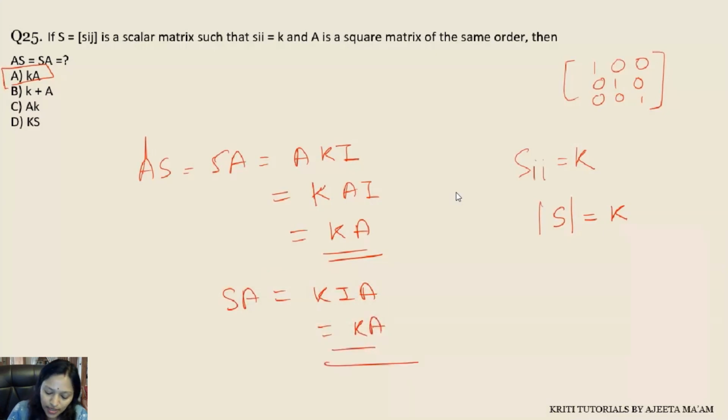So that's option A from both cases, AS and SA. What answer do we get from both? KA. So this is how we go for it.